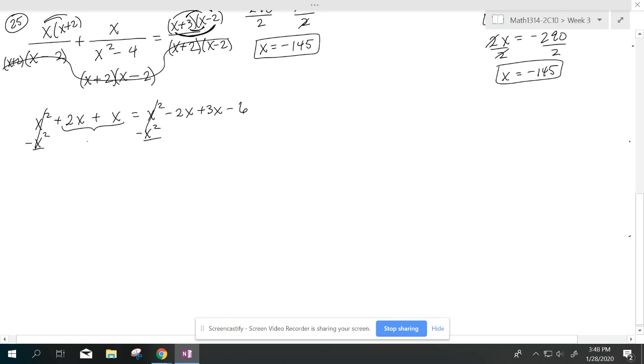So 2x plus x is 3x. Negative 2x plus 3x is x. Minus 6. And then if I bring this x over, that's going to give me 2x equal negative 6, or x equal negative 3.